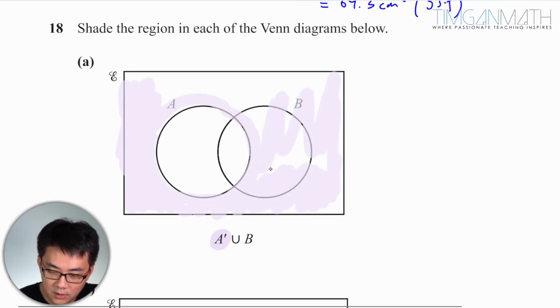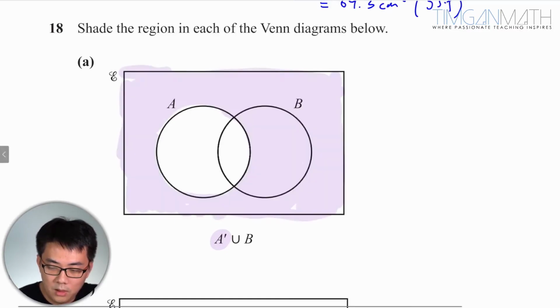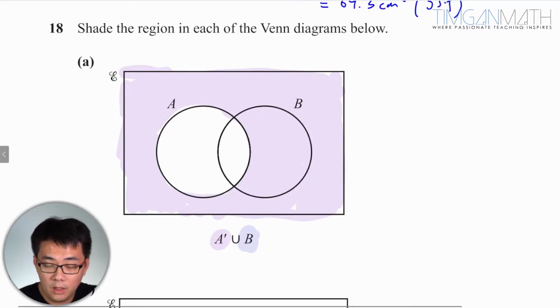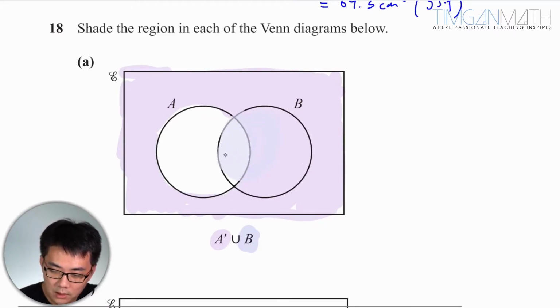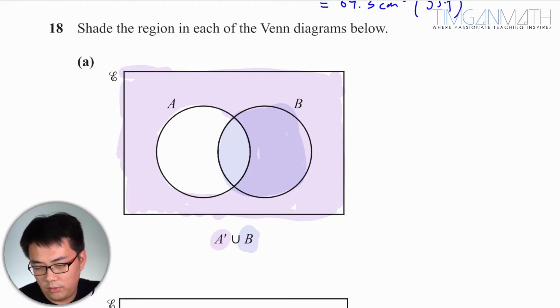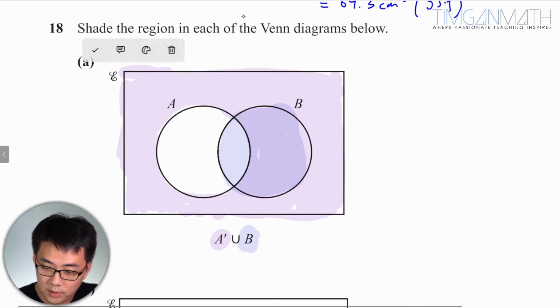Let me just shade this whole thing out first. Great. Now once this is done, then we're going to look at B. B is here. B is this whole thing here. So A prime union B would be, we just add everything up. So the one that we want is shading this. Maybe I should use a blue.